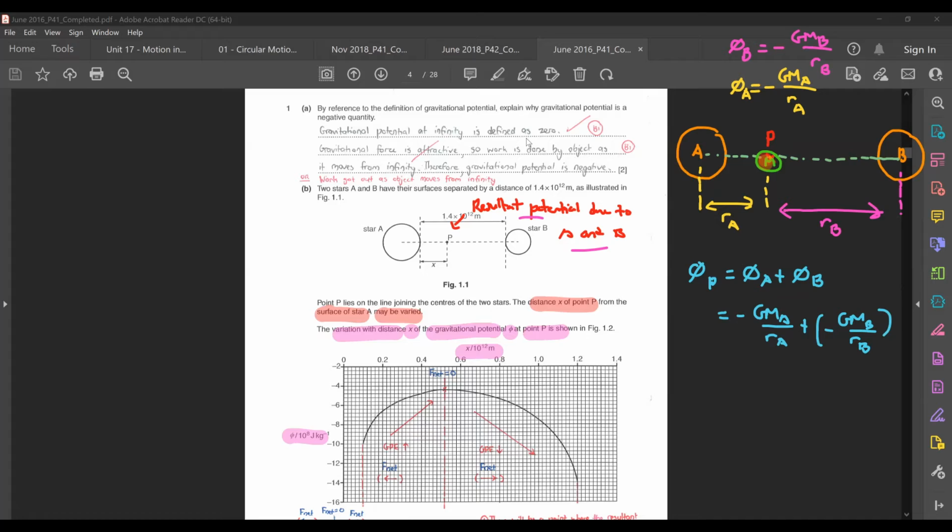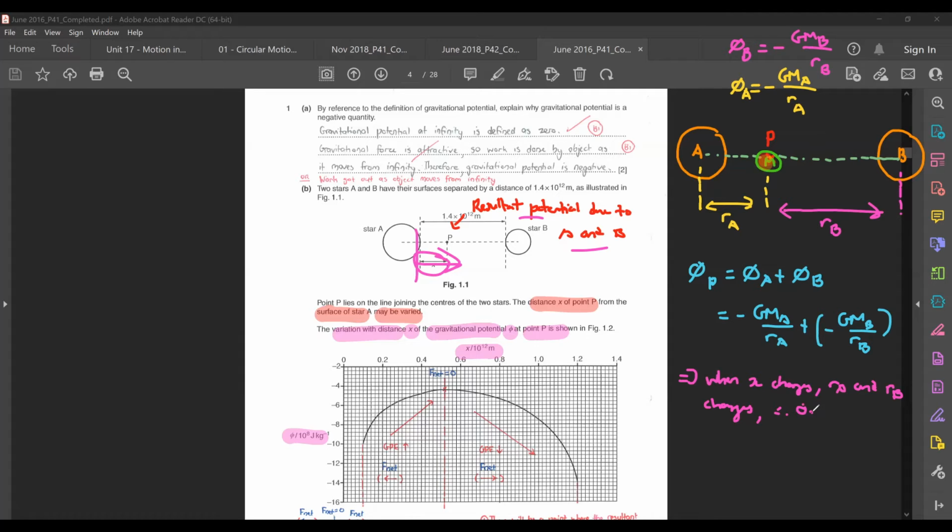So from here, in order to make things short, remember your x is this one measured from star A. When x changes, RA and RB change.